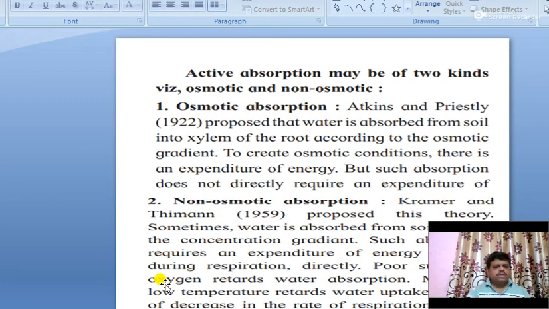Such absorption requires an expenditure of energy released during respiration directly. Poor supply of oxygen retards water absorption. Moreover, low temperature retards water uptake because of a decrease in the rate of respiration. So this is simply regarding non-osmotic absorption.